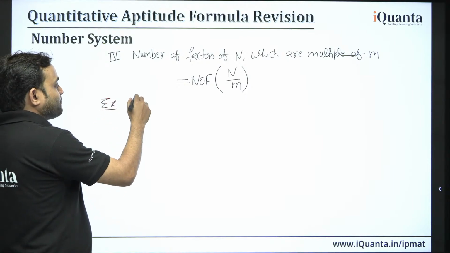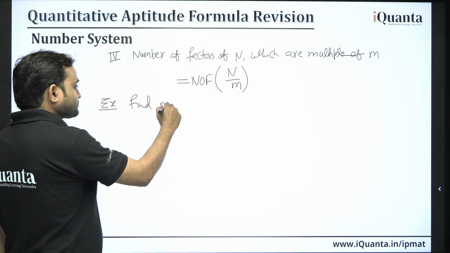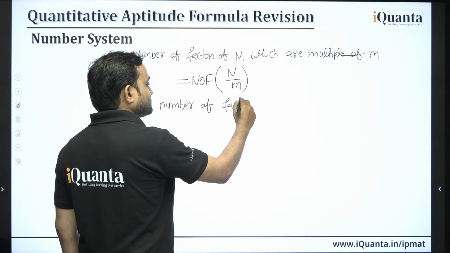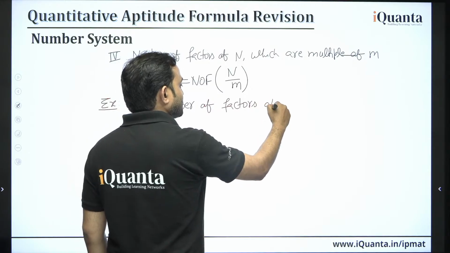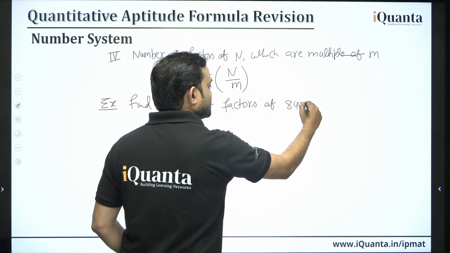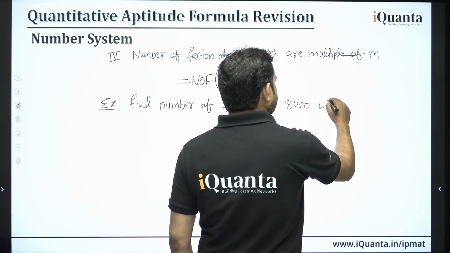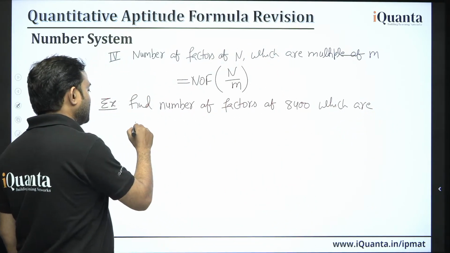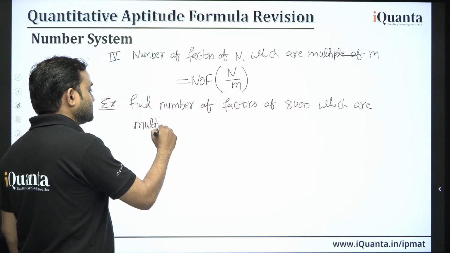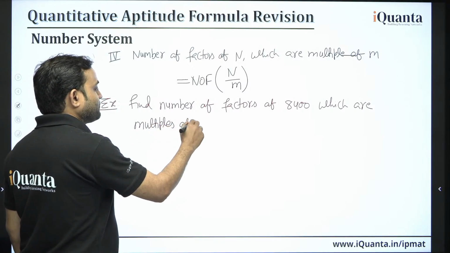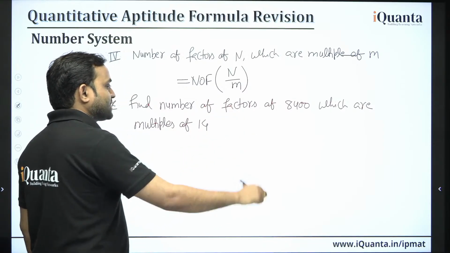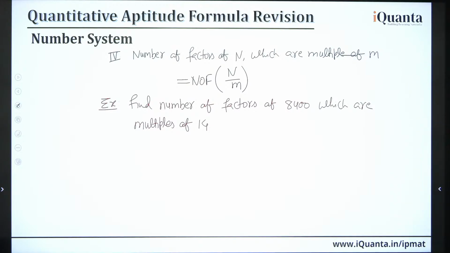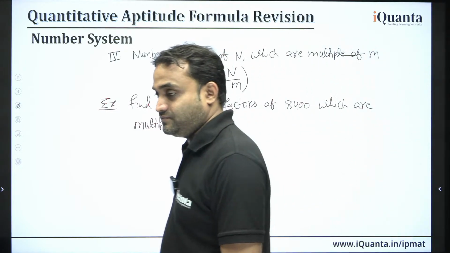Like, find the number of factors of 8400 which are multiples of 14. Try this one. Find the number of factors of 8400 which are multiples of 14. Try this one.